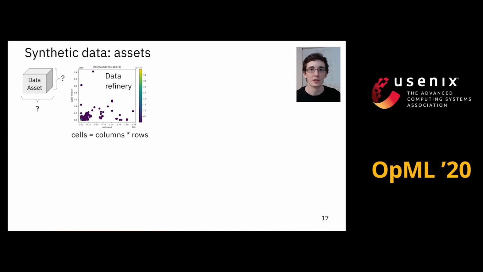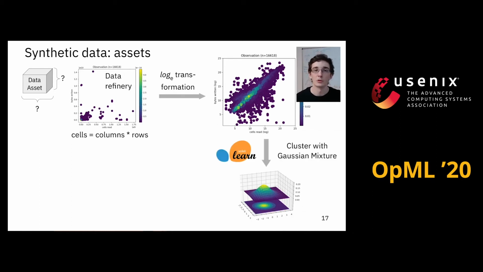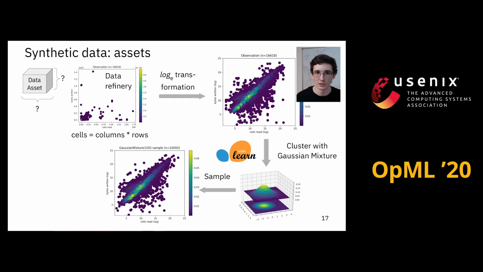And here you can see a density plot of data assets that were in the system. It's a reduced view where we collapsed columns and rows into one axis and plotted it against the size in bytes. Basically, all we did was transform the data into an appropriate space to fit Gaussian mixtures, from which we could then sample at simulation time to receive a synthetic data asset.